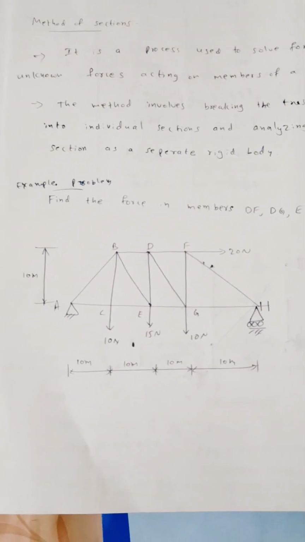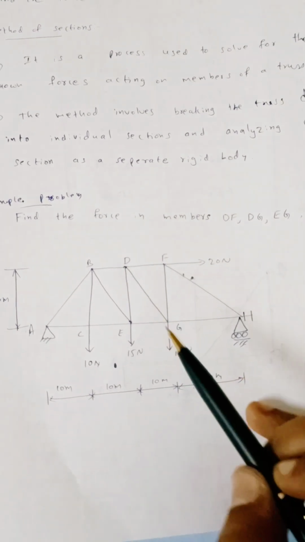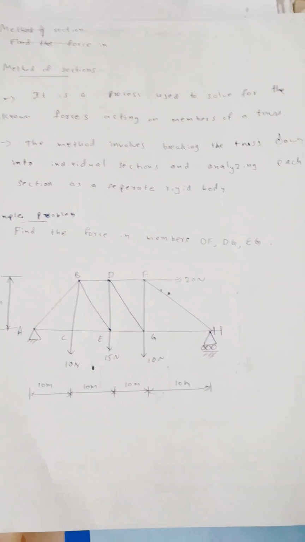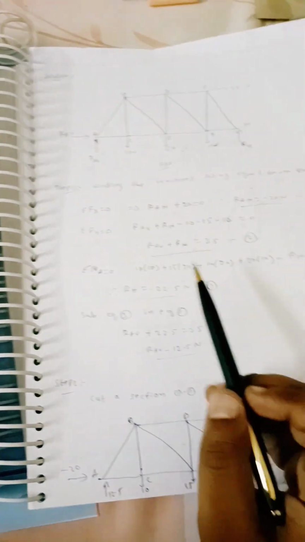So what we have done here, in the method of sections, is to find the forces in these members. First step is to calculate the reactions using the equilibrium equations. This step is the same for the method of joints also.